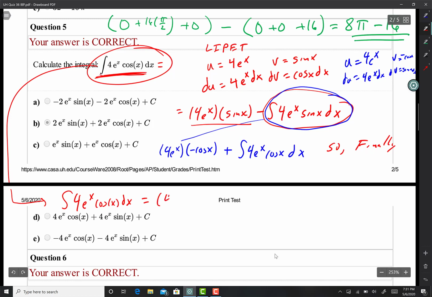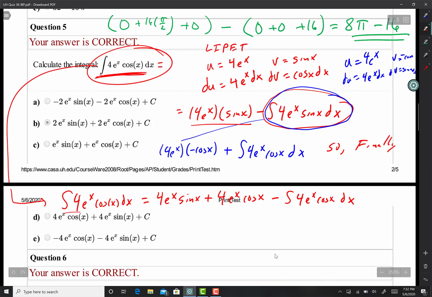So 4e to the x sine x, and then minus a negative times a negative, that's going to be a plus. So plus 4e to the x cosine x. And then I'm distributing that negative. Minus integral 4e to the x cosine x dx.